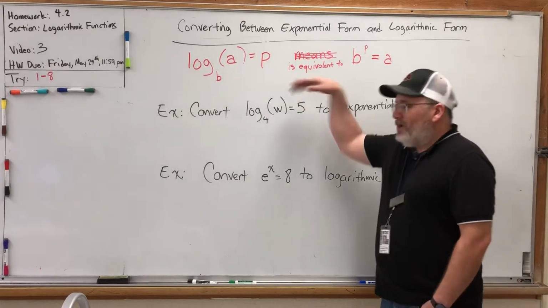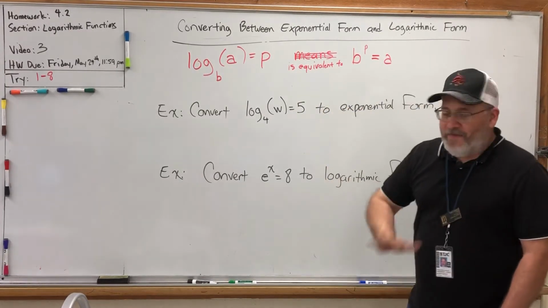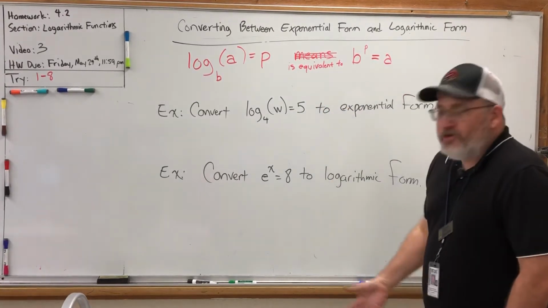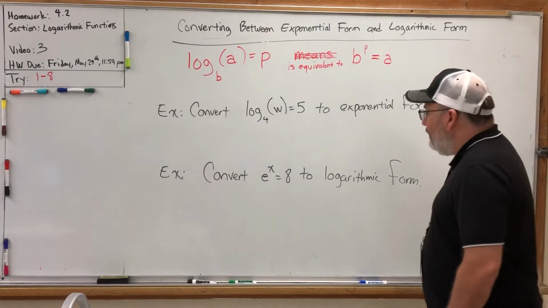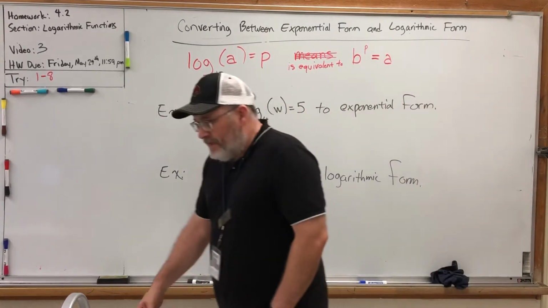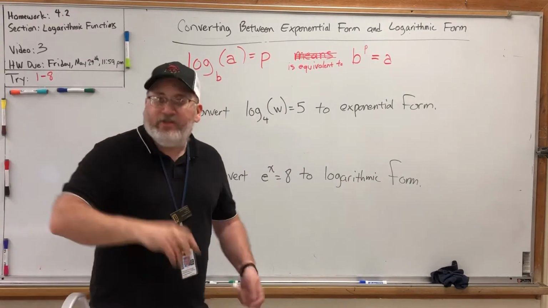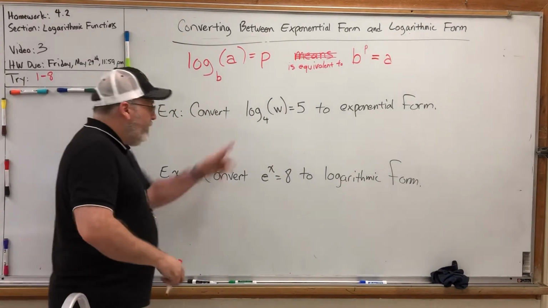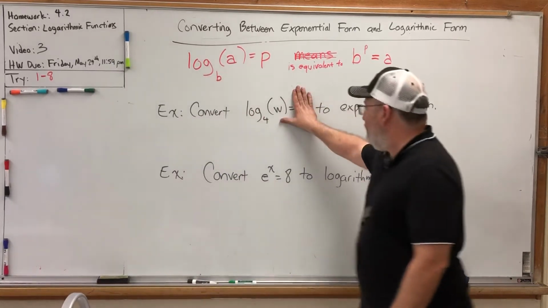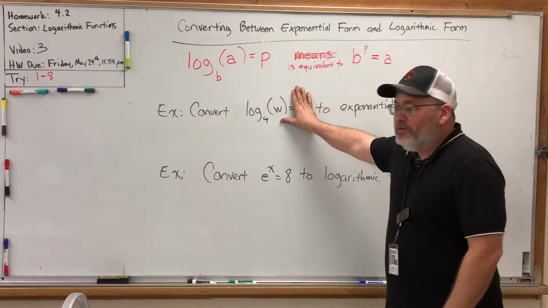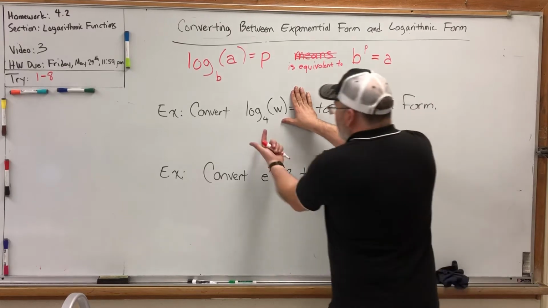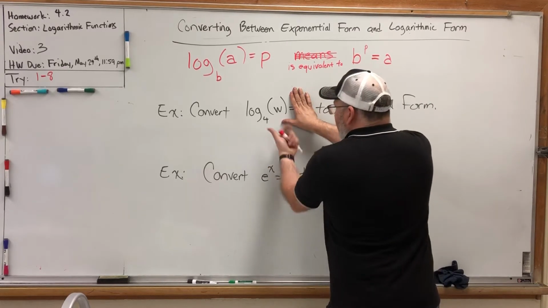Now, you can memorize this mishmash of letters, and that's great. You may not understand a thing. I can't stress enough that if you understand the question a logarithm is asking, it makes a lot of things so much easier. This logarithm as a question is asking what power turns 4 into w.